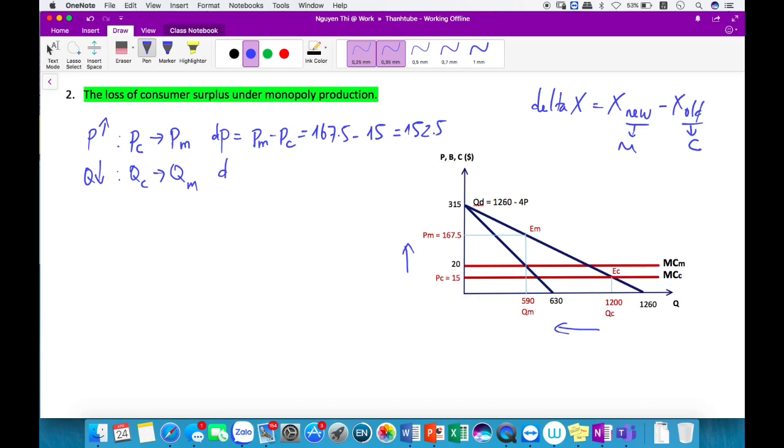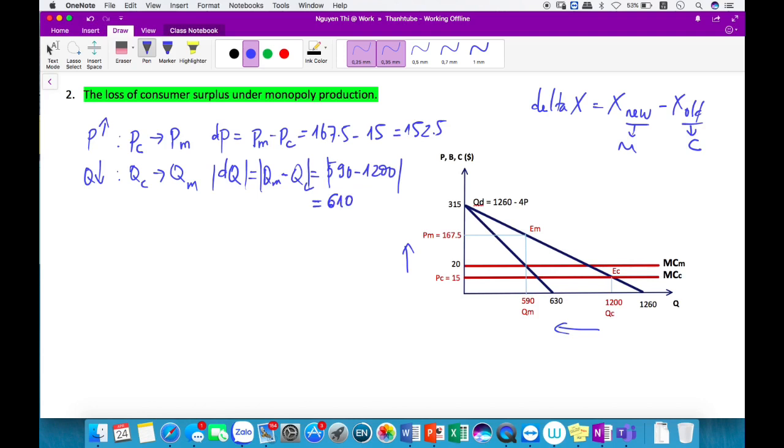Then you get delta Q equal to QM minus QC, equal to 590 minus 1200. This will be negative, so I just flip it to get a positive number, which will be 610.